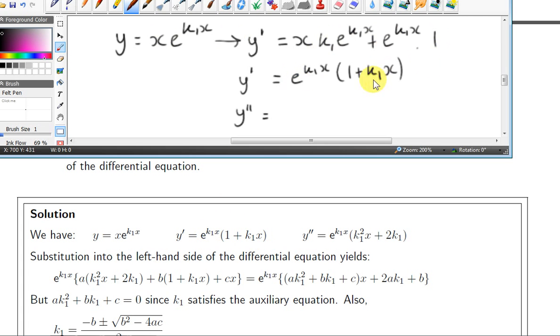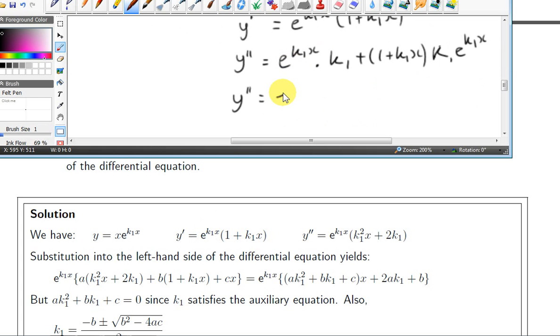Now let's get the second derivative. So let's take this function here, e to the k1x, and multiply by the derivative of this. Well, the derivative of 1 is 0, the derivative of k1x is k1. Now we take what's inside the bracket, 1 plus k1 times x, and multiply by the derivative of the exponential term. Well, that's going to be k1 e to the k1x.